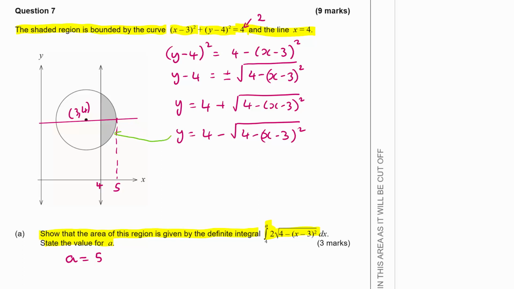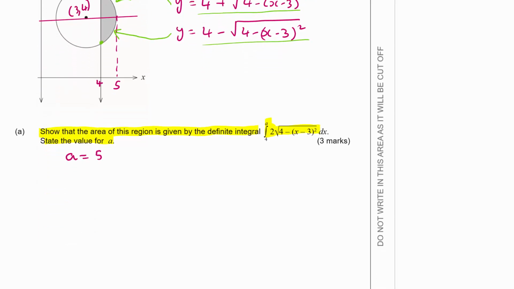The bottom part of the curve here is this one, and the top part is this one. Therefore, if we're integrating between two functions, we're going to do this function take away this function.